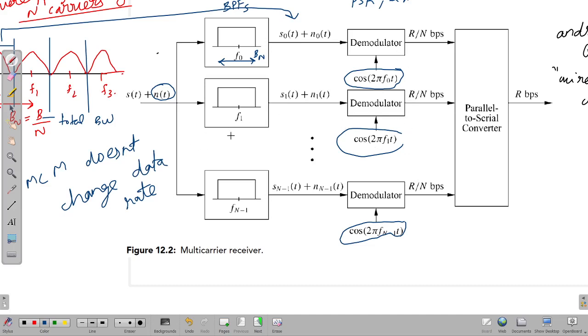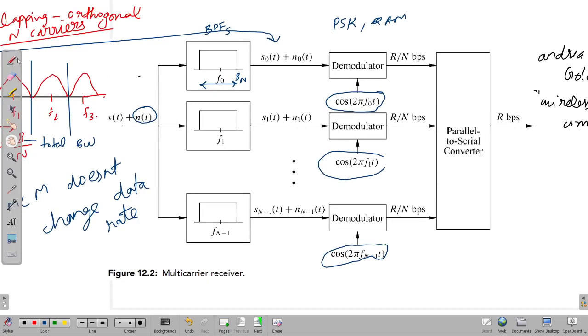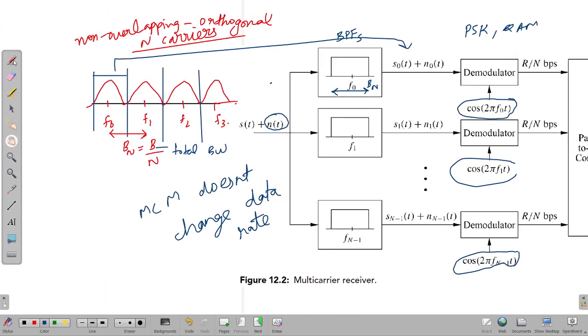One more thing I want to tell is, each of these subcarriers experiences flat fading, as in the diagram I drew in the last class.